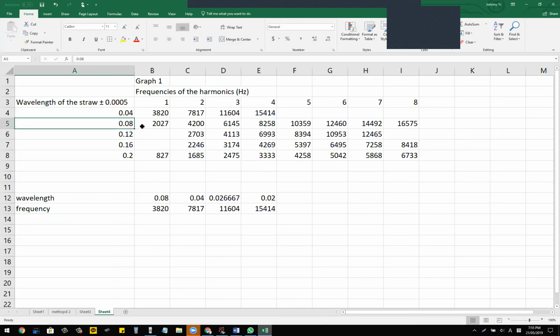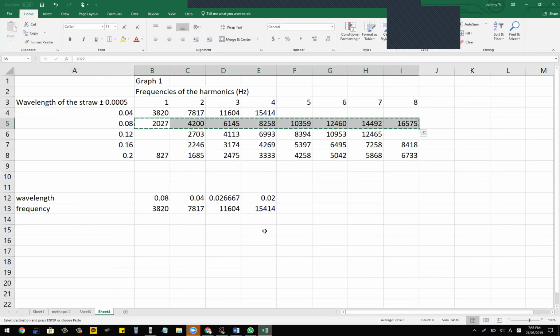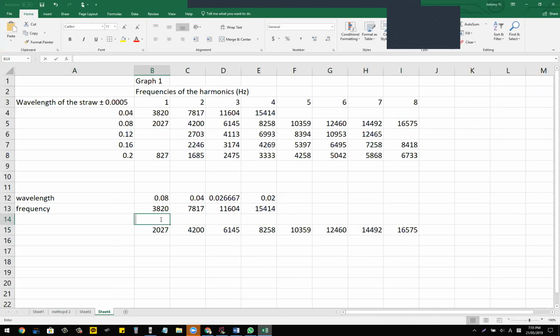These are the frequencies and these are the wavelengths. So the wavelength is again 2L over n, right? So move that along like that.